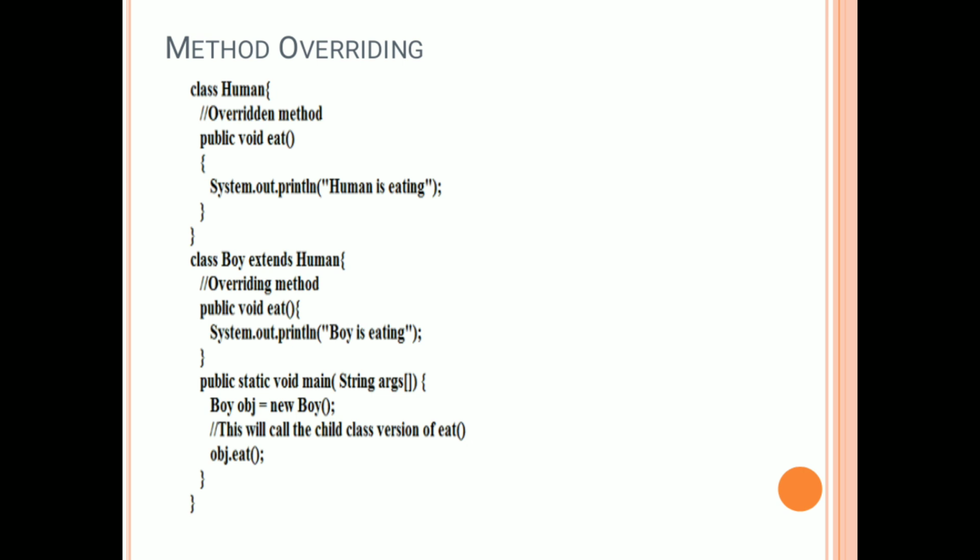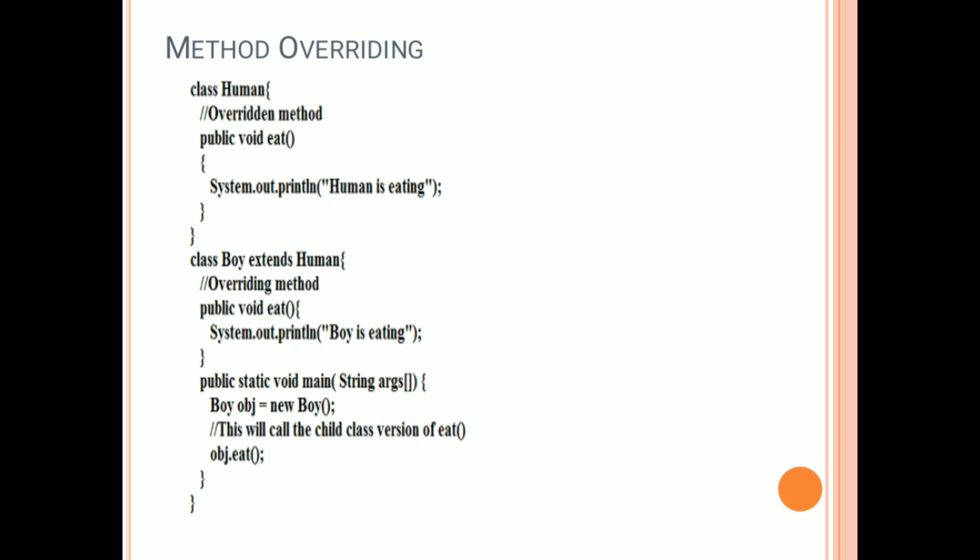Both are polymorphism types. Overloading is the same method name with a different signature, overriding is the same method name with the same signature.